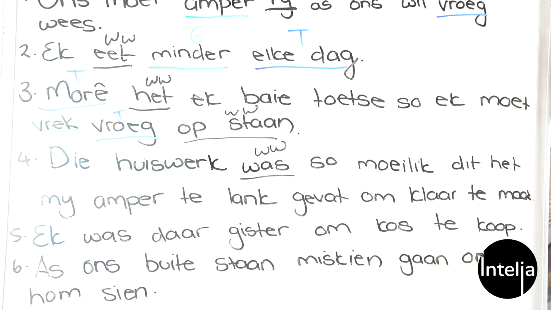So, where were we? We were looking for a werkwoord. Nou soek ons bywoord van tyd. Het ons bywoord van tyd? Nee. Het ons bywoord van plek? Nee. Het ons bywoord van wyse?